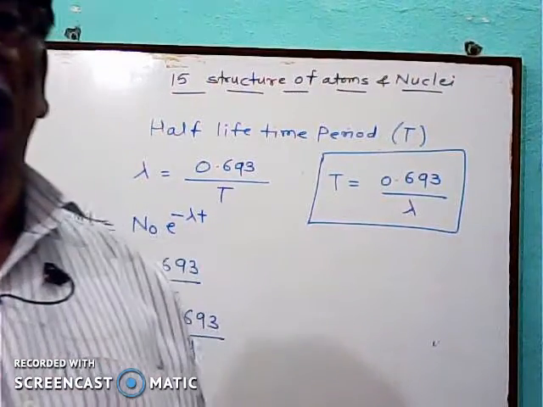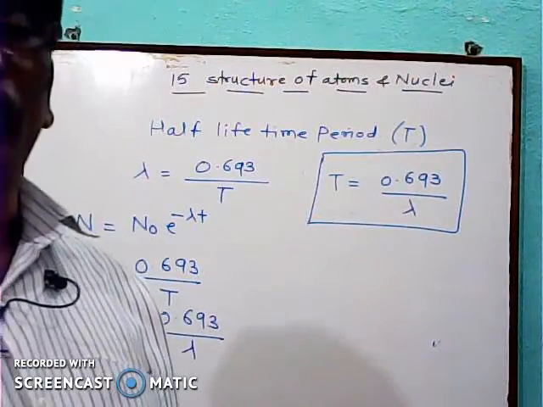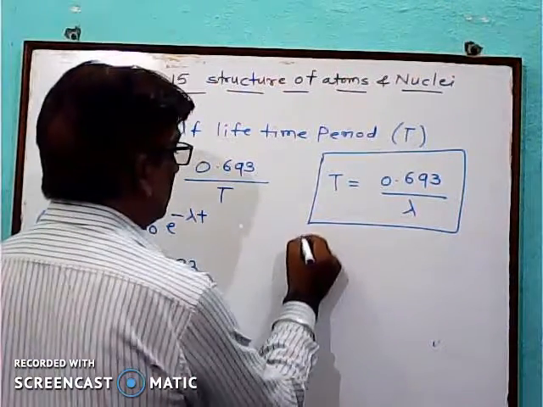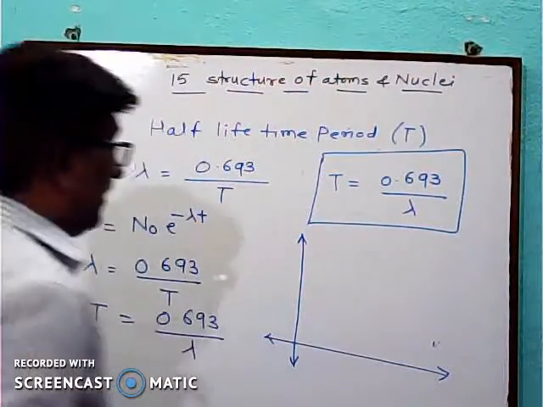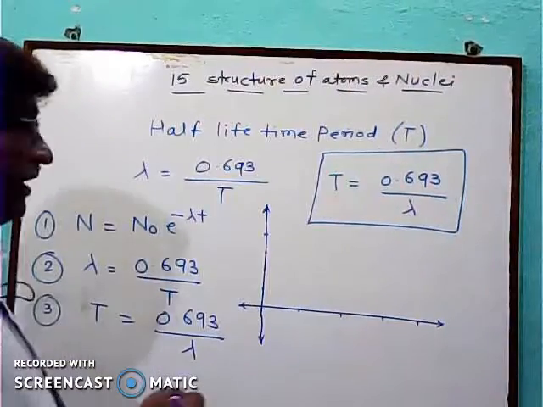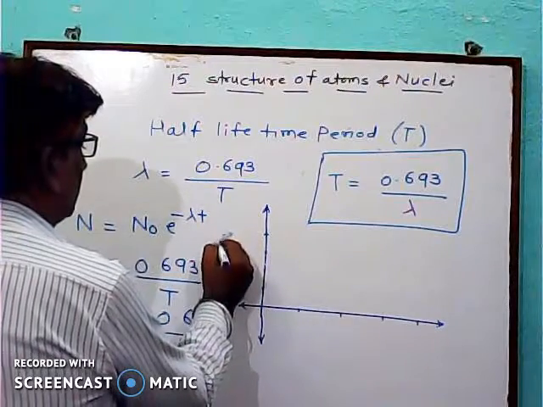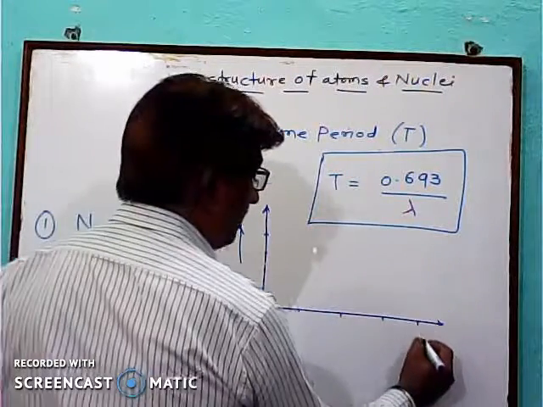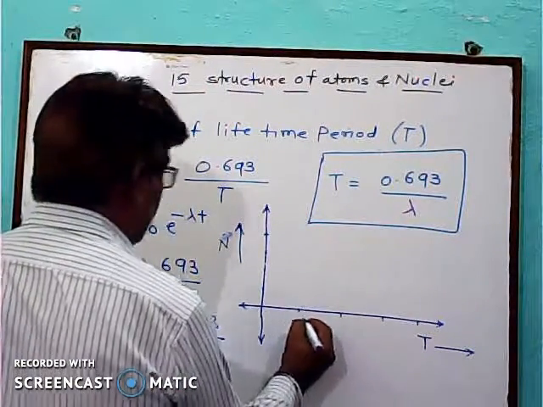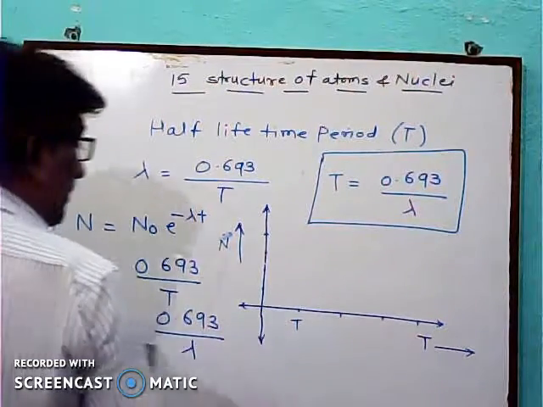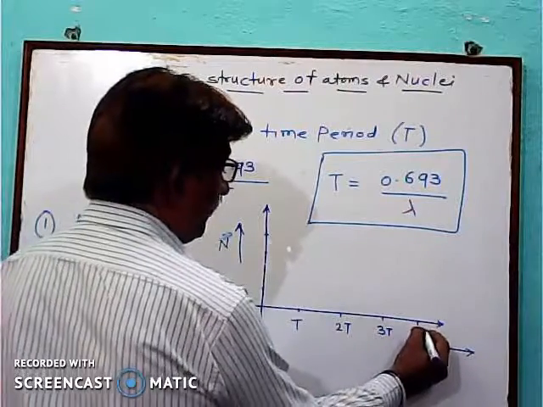If we plot a graph, on the x-axis, the number of atoms N in time t against the half-life time period T, then here that is T, 2T, 3T and 4T.